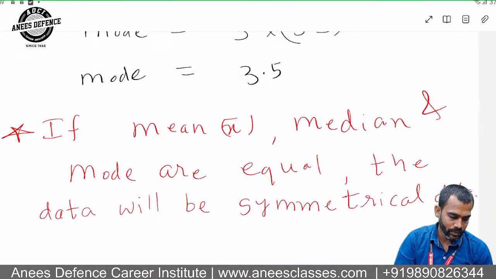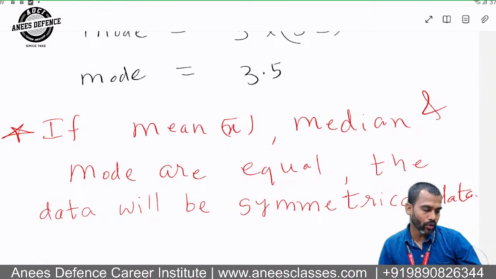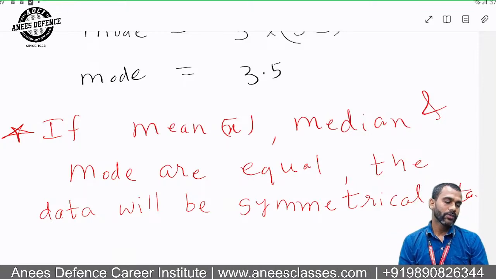Or shall we see questions we can solve tomorrow also on mean, median, and mode. So theory-wise, we have already completed.